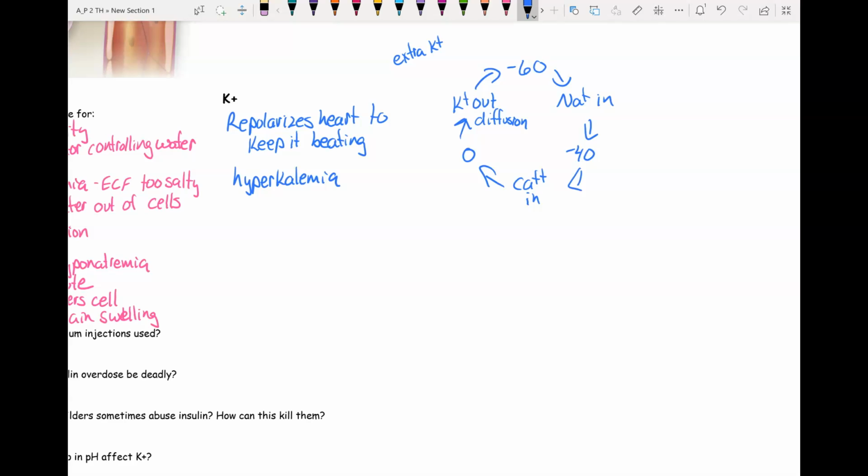Well, if you have extra outside, then it's not going to diffuse out. You have to have the inside be the area of high concentration and the outside be the area of low concentration in order to get it to diffuse out. If you put extra on the outside, you stop that diffusion. You no longer have those high and low concentration areas. So hyperkalemia will stop the potassium from diffusing out of the heart.